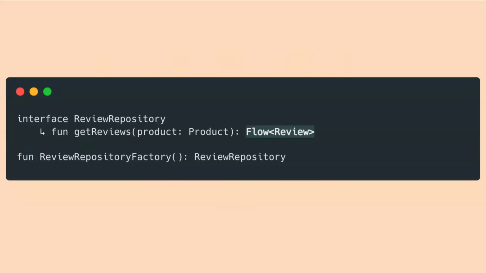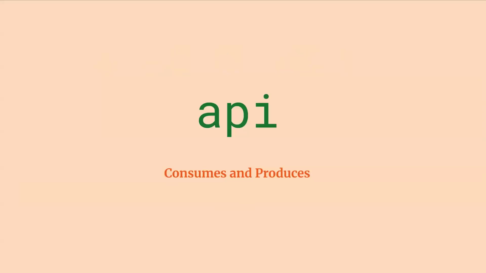So how can we fix that? We can use an API dependency. This is a dependency which we will consume and produce from our module. Consume means we can use it, but produce means other modules who are using your code will also get this dependency.